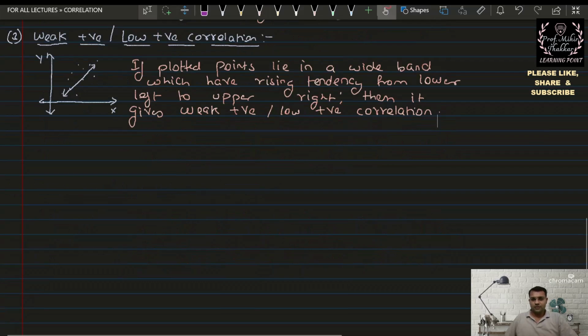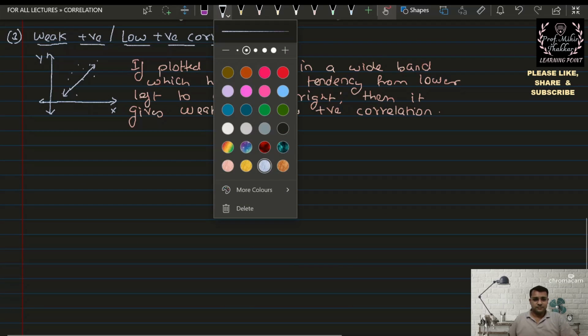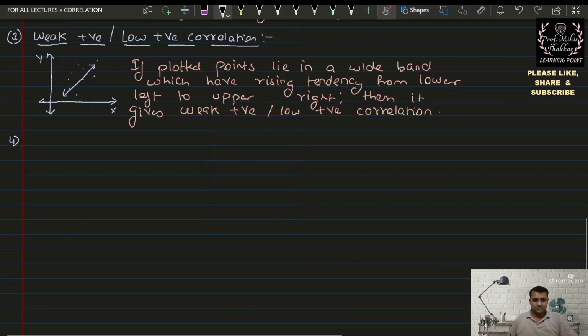then it gives weak positive or low positive correlation. Point number 4 is now similar to the above three: perfect negative, strong negative, and weak negative. So let us write down point number 4, perfect negative.